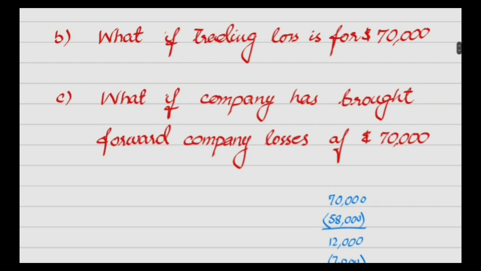And the third situation is, what if the company has brought forward losses of 70,000? We need to consider this fact later on: if you choose the option to carry forward the loss, then you can make a partial claim. If you are carrying forward the loss, a partial claim is allowed.